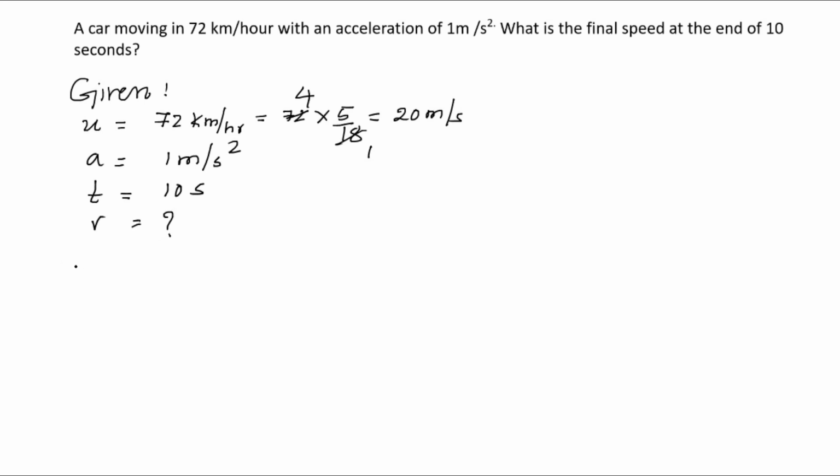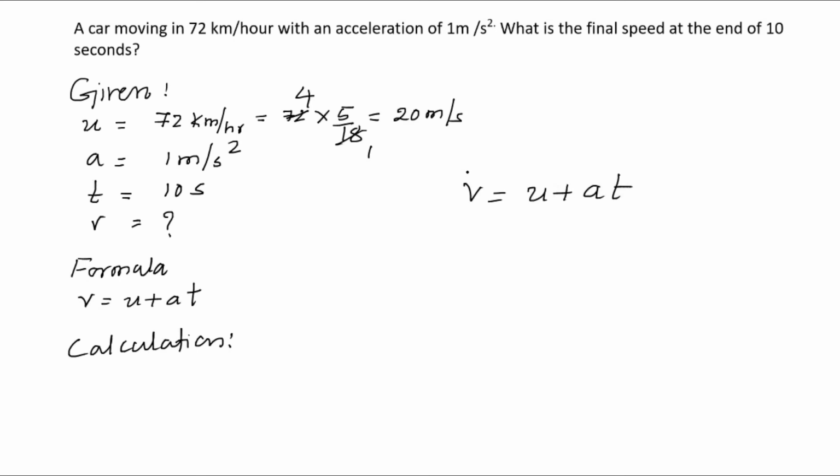After that what should come is your formula, and what is the formula? v is equal to u plus at, and then your calculation, all step by step. Under the calculation, I am doing the calculation here. v is equal to u plus at, right? v is the final velocity which we are going to find out here. That is equal to u, that is 20, plus acceleration 1 into time 10. So this t is 10 second, acceleration is 1 meter per second square, and u is 20 meter per second.